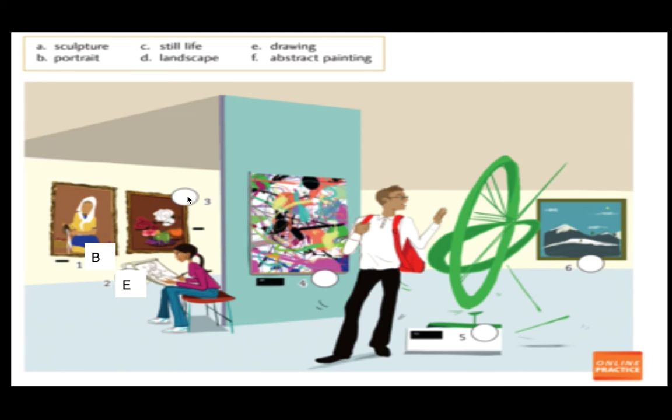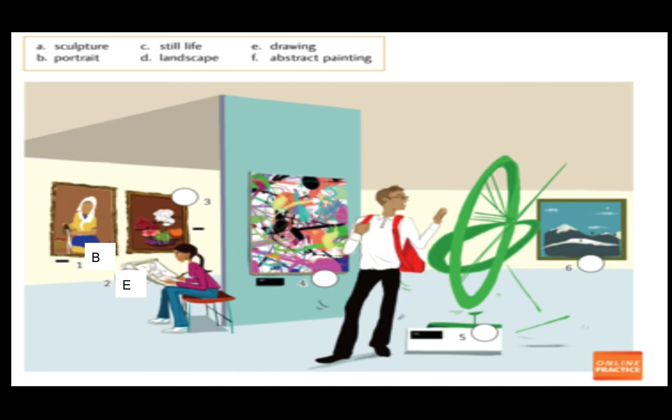Picture 3. This painting, hanging on the wall, shows some fruit and 3 roses, a white rose, a red rose, and a pink rose. I think there's an apple and an orange and some grapes.